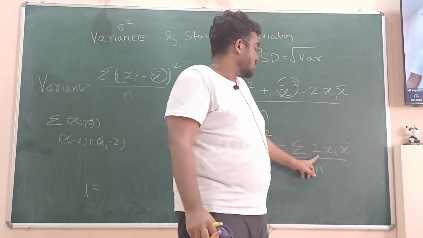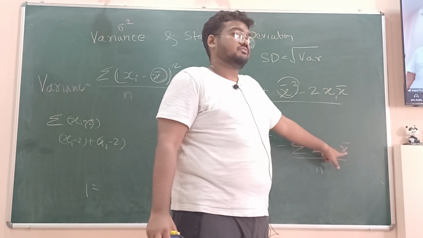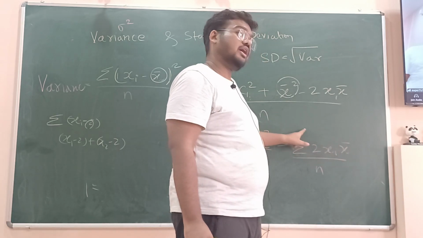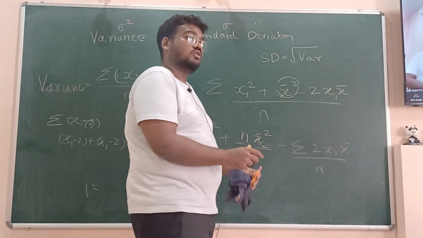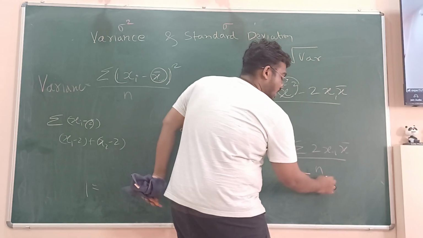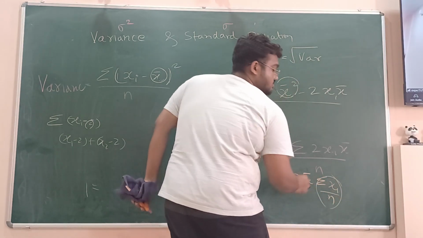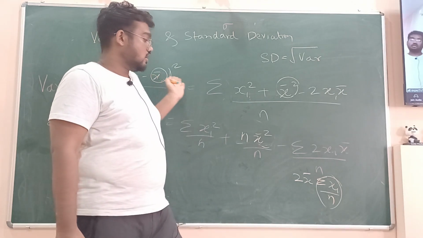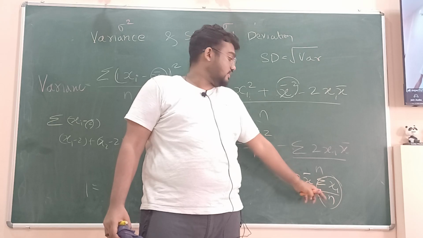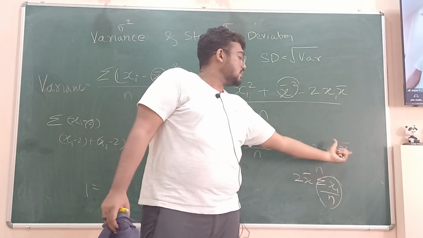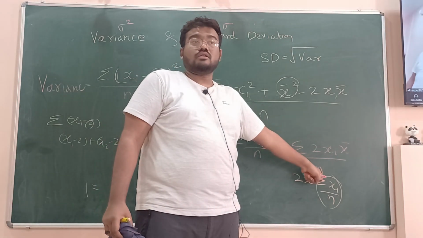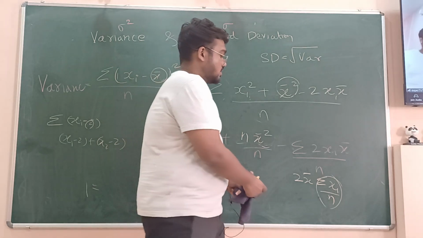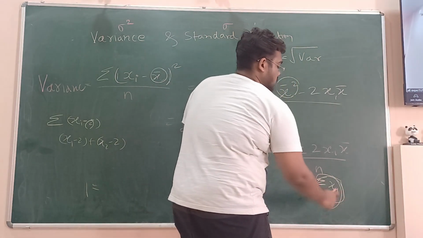One more thing, look here. In these two terms there are xi and x bar. This 2 is a constant, take it out. So 2 into x bar comes outside, and inside, look, what is there? Sigma xi by n. What is this? That's the mean, and mean is called x bar. So this is nothing but x bar. This is very important to understand. Here 2 and x bar came out, inside is sigma xi by n, which is the mean.